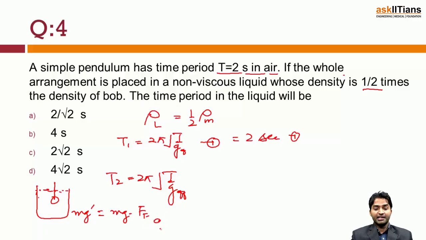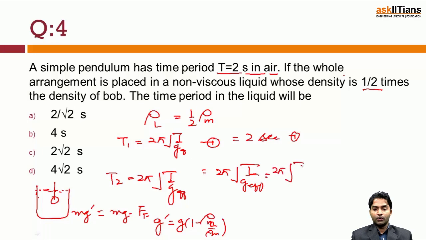So we get g dash equal to g into 1 minus rho L upon rho metallic. So 2 pi under root of L upon g effective should be equal to 2 pi under root L upon g into 1 minus rho L upon rho metallic.